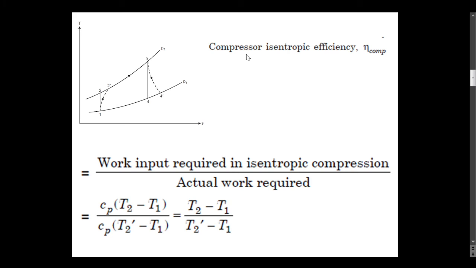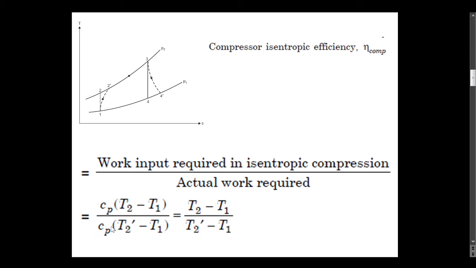Now, the isentropic efficiency for the compressor is equal to the work input required in isentropic compression divided by the actual work required. So here in this diagram we can refer, the work required in isentropic compression is equal to Cp into T2 minus T1, divided by the actual work required.